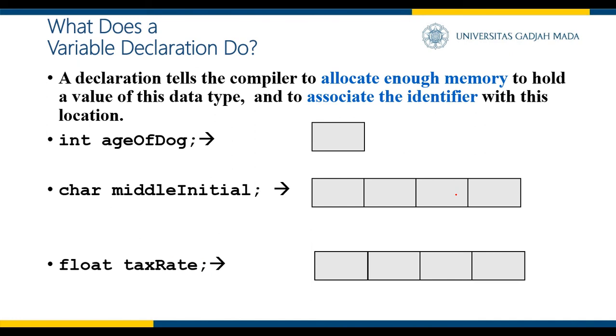Actually, when you declare a variable, that means you allow the compiler to allocate enough memory. So we ask the compiler to allocate the memory with a particular data type and identifier to create a space to store our data.